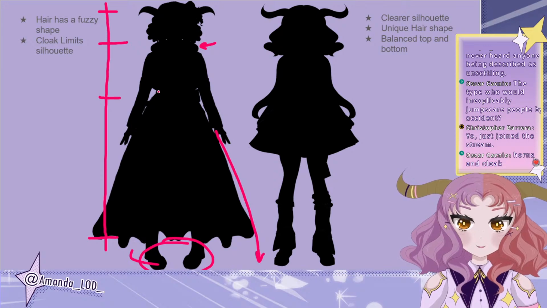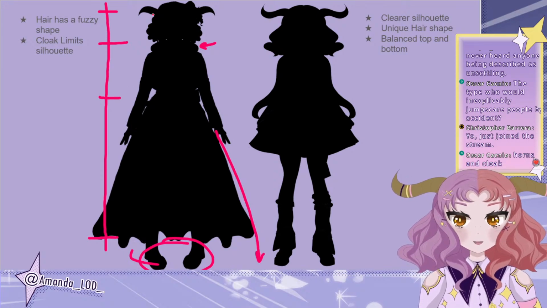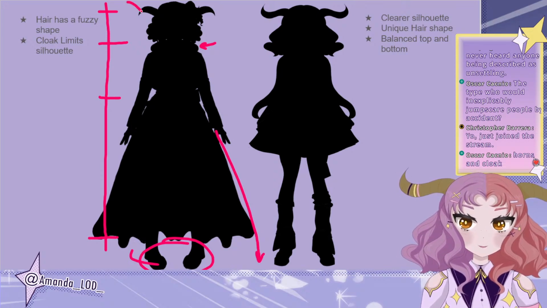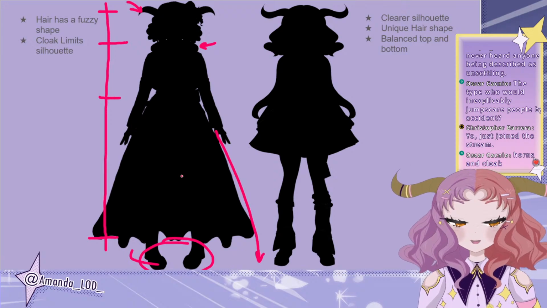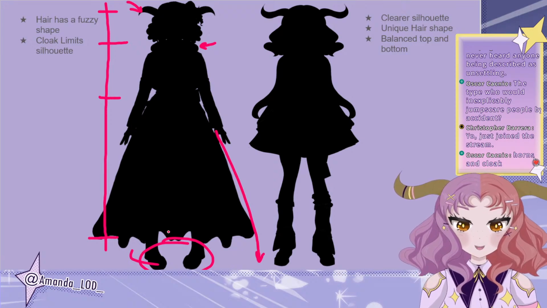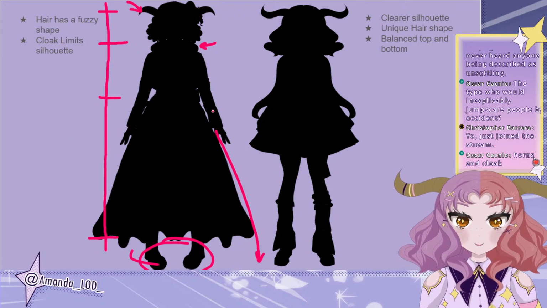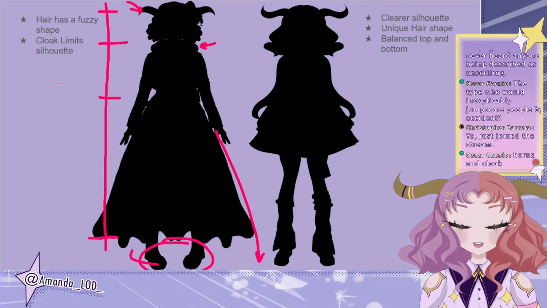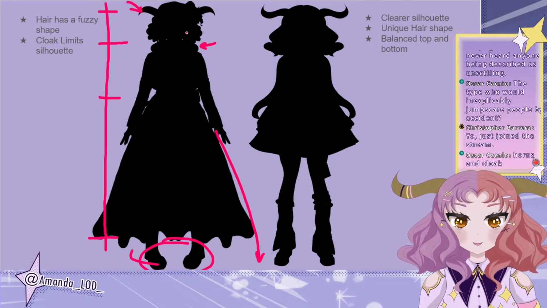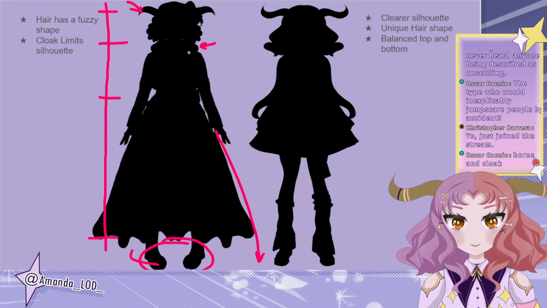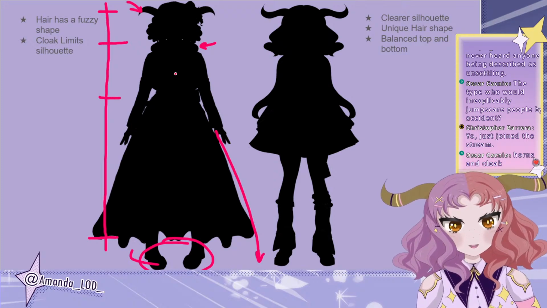Like, you can pick out the waist, you can kind of pick out the head, then you can pick out the horn, but you can't really pick out anything else about this character. It's a really, really simple silhouette, which isn't always bad, but I think it's really unclear. If you kind of blur your eyes and look at this, it's really hard to tell what's going on.